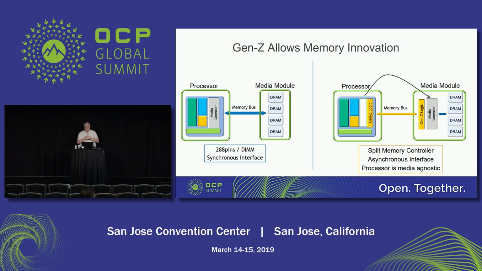The vision that Gen Z has is we actually move that memory controller out to the DRAM module, and we communicate to it over some universal Gen Z communication path. Therefore, we've decoupled or split that transaction, so all of a sudden we can have new memory technologies or new processor technologies come in and take advantage of it.